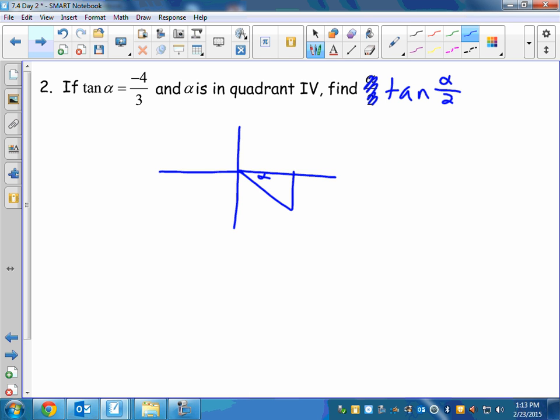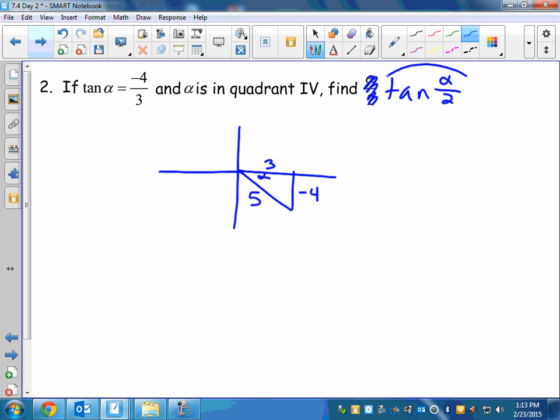And in quadrant 4, do you agree that the 4 would have to be negative and the 3 would be positive? Which means it's still my good old 3, 4, 5 triangle, right? Which means I don't have to deal with ugly radical stuff right now. And then I can use this triangle to find the rest of this.